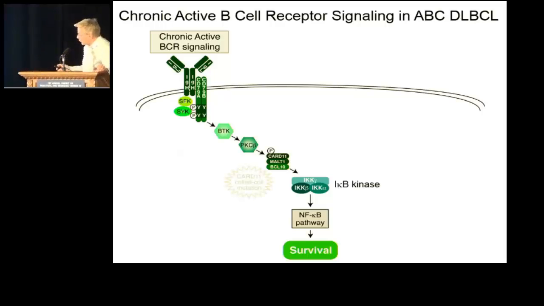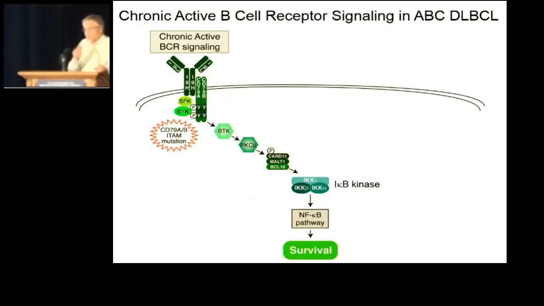And what he found was that, in fact, there was an activating mutation within the coiled-coil domain of CARD11 in about 10% of ABCs. And this, in fact, is able to constitutively turn on NF-kappa B.